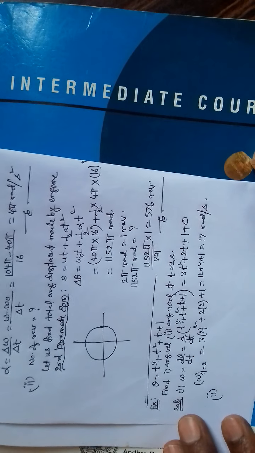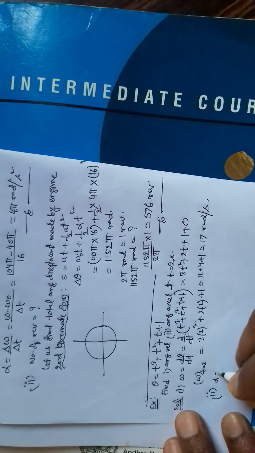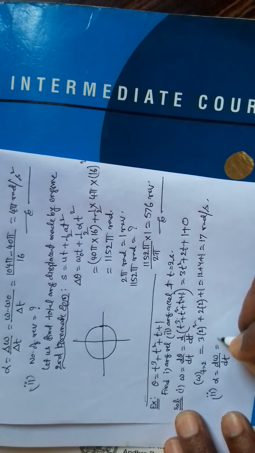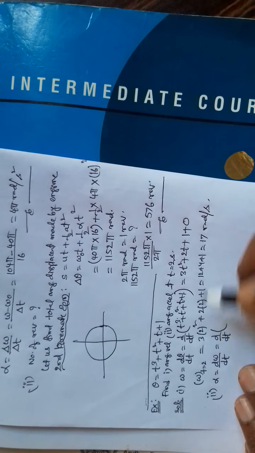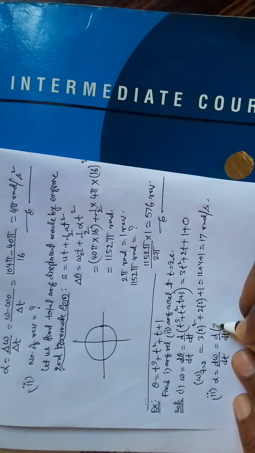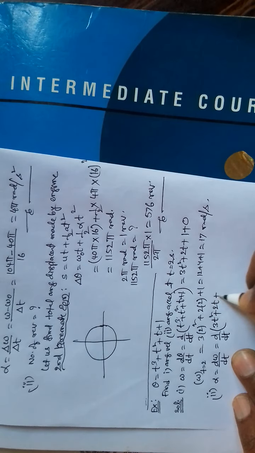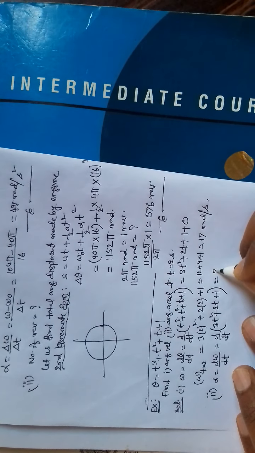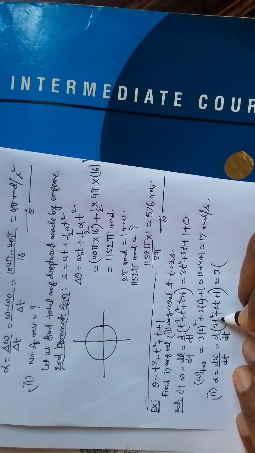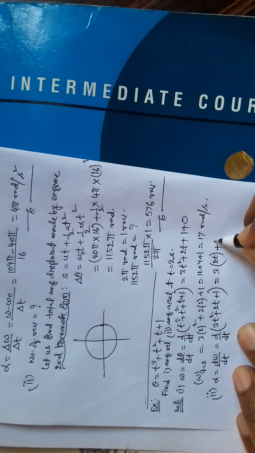Next, second one, angular acceleration, that is alpha. Alpha is equal to d omega by dt. d by dt of omega value we got 3t square plus 2t plus 1. So here 3 is a constant. If you differentiate t square, you get 2t. 2, keep it as it is.